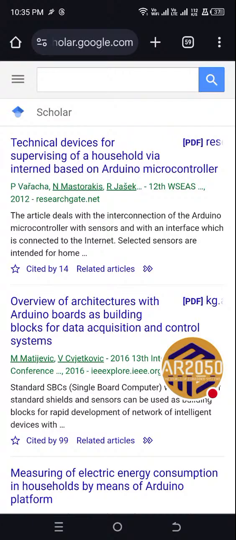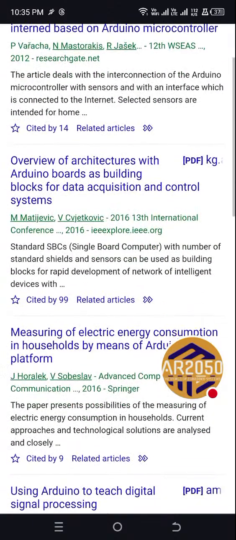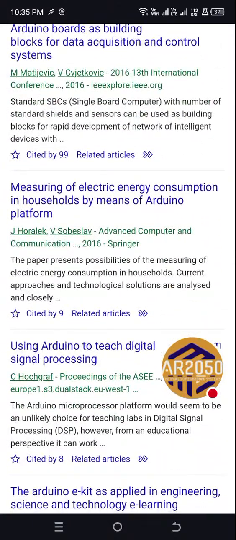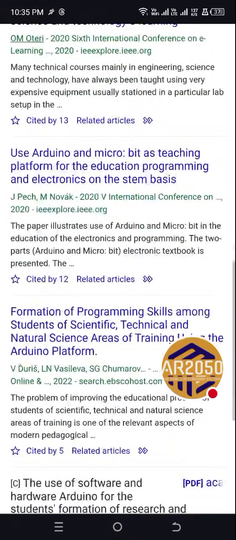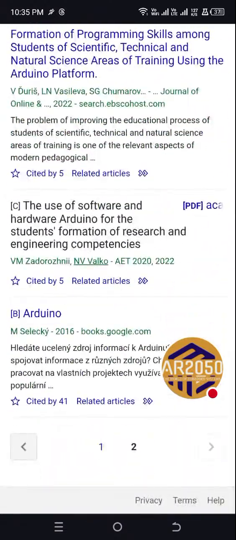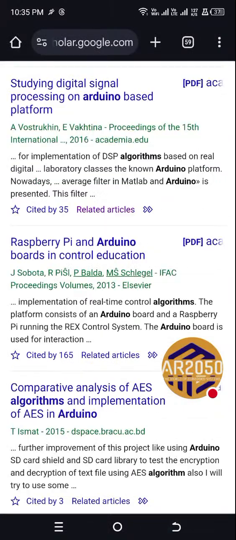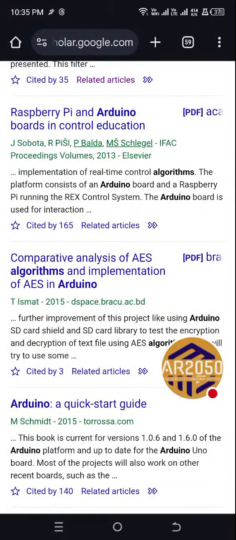Technical devices were supervision in a household. Measuring of electric energy consumption in households by means of Arduino platform. This could be a good article as well. Using Arduino to teach digital signal processing. Anyways, I think that related articles are not doing much for me.